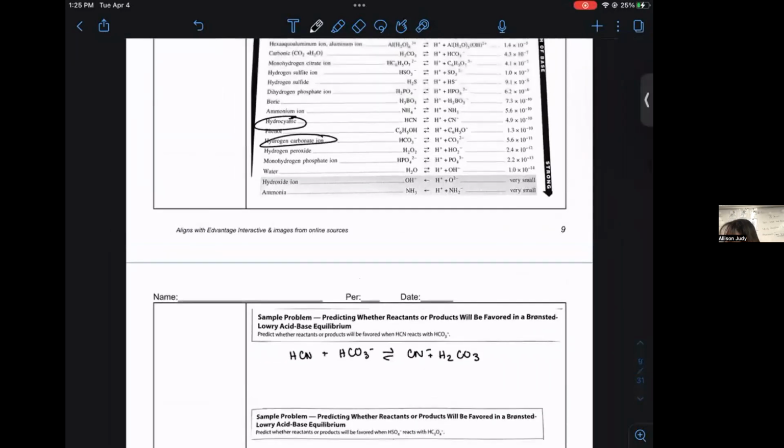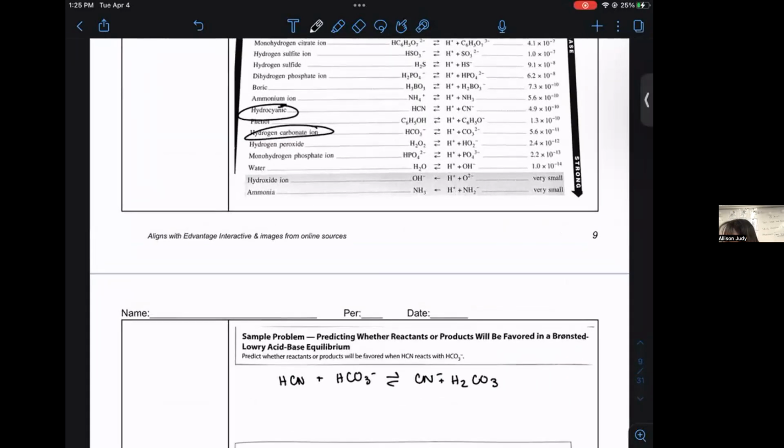Okay, so HCN is a really good stronger acid, but what about the base? Well, one of these has to be a base. HCO3, and it's a really good base. But if you flip it, we have H2CO3, which is carbonic acid.